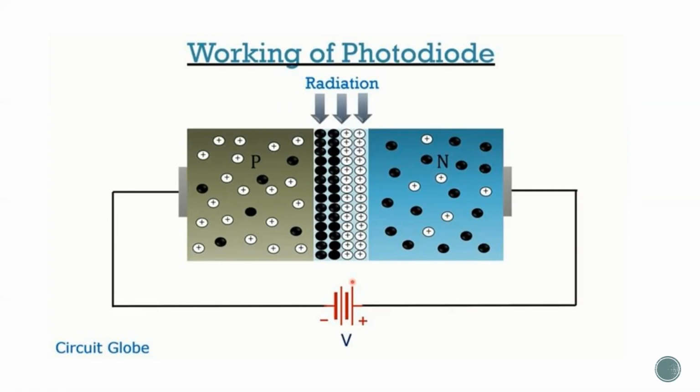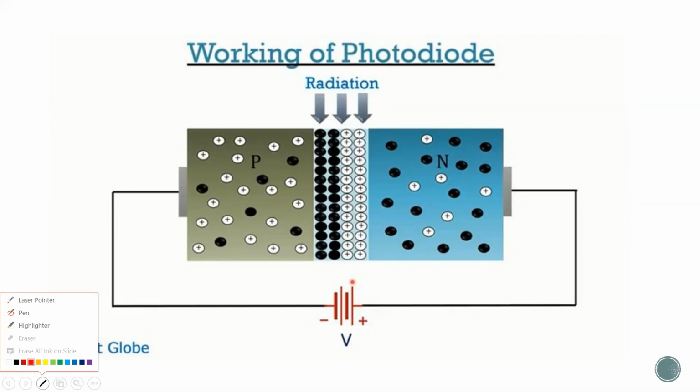Initially, when the junction is not exposed to any type of radiation, only minority current will flow through the device, and this current is known as dark current. The name itself is indicating, guys, that dark current flows through the device in the absence of any type of radiation.